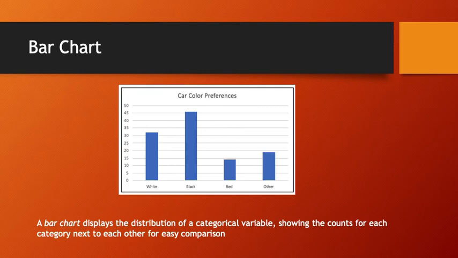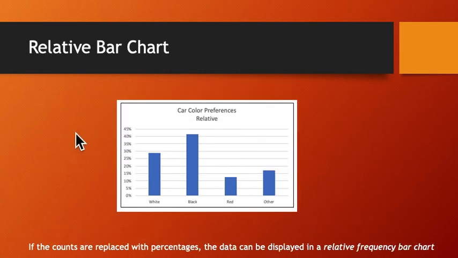Okay, let's go on. A relative bar chart is the same except relative. Anytime you hear in statistics relative, then I want you to think percentages. So in this case, this is a relative bar chart, so it is describing the percentages, and you'll see down the side, rather than the counts that you saw previously, you'll see percentages.